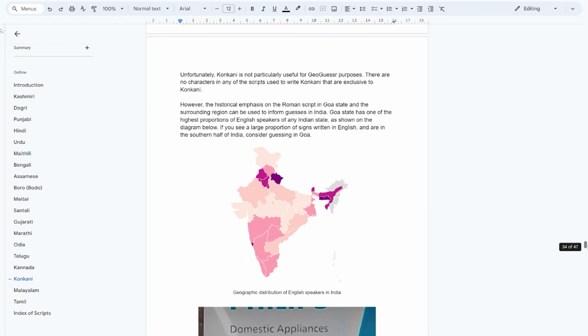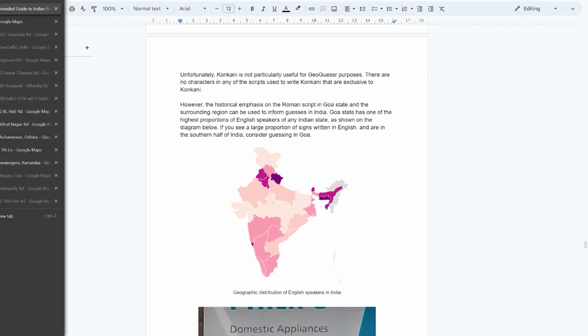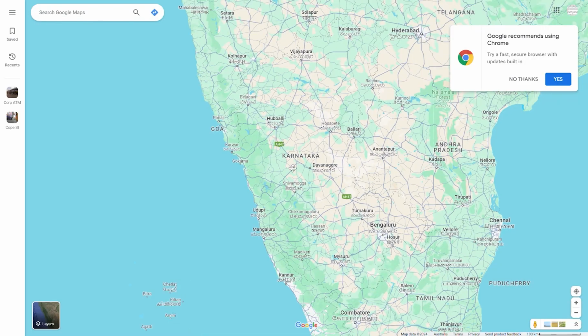The historical emphasis on the Roman script in Goa state and the surrounding region can be used to inform some of your guesses. So Goa has one of the highest proportions of English speakers of any Indian state. If you look at this diagram, you'll see a lot in New Delhi and a lot in Meghalaya.